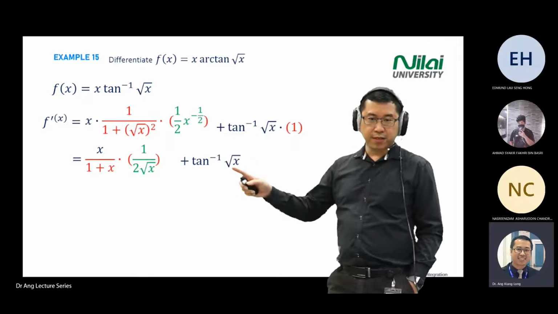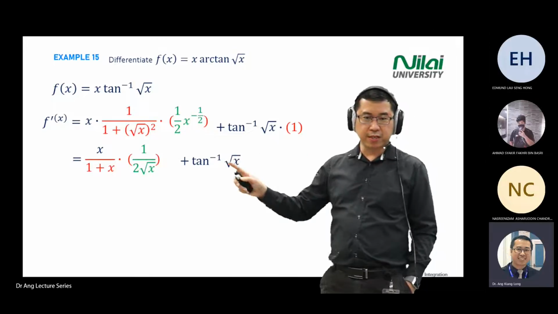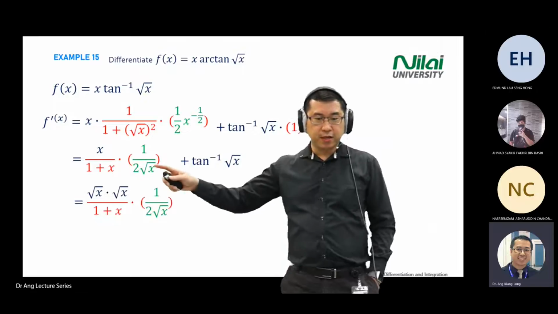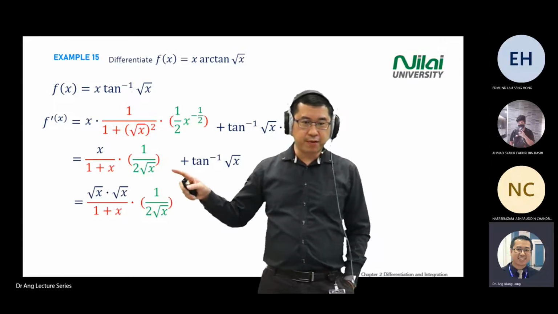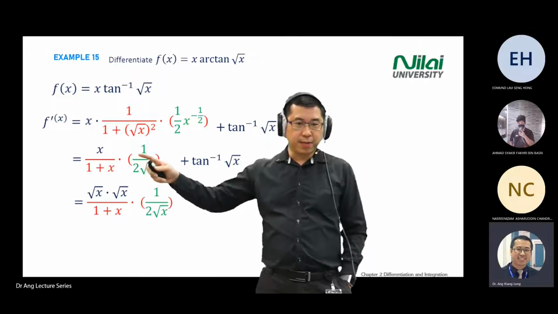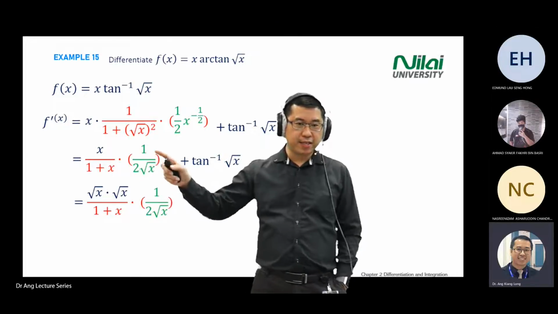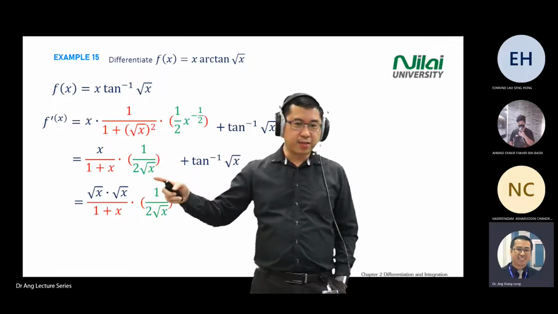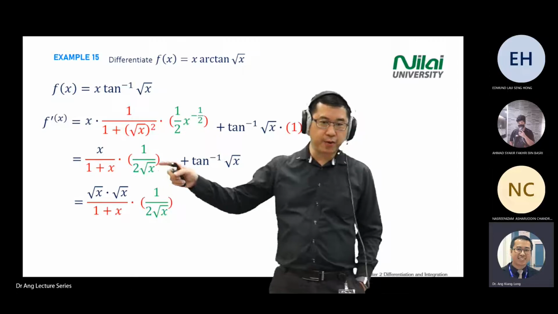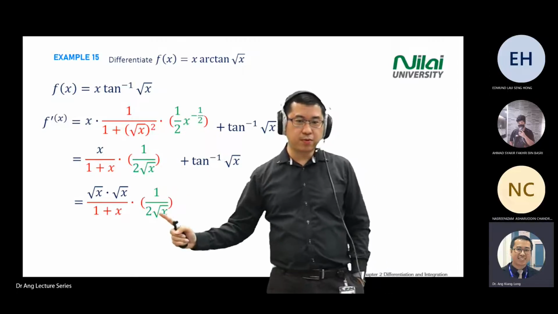And plus this one is times 1, so you get this one. And then you know that you can further simplify. You can take out the square root: the blue color x, you can write as square root x times square root x, right? You can expand that one to cancel this one.